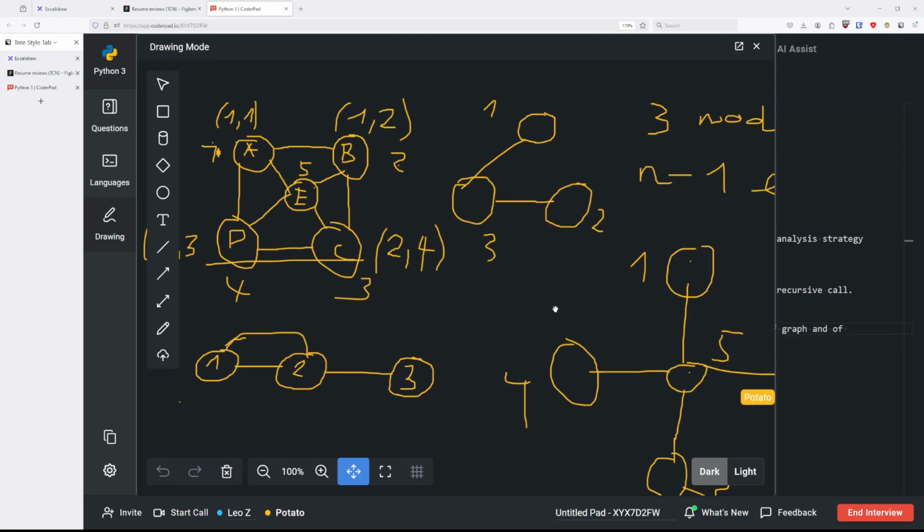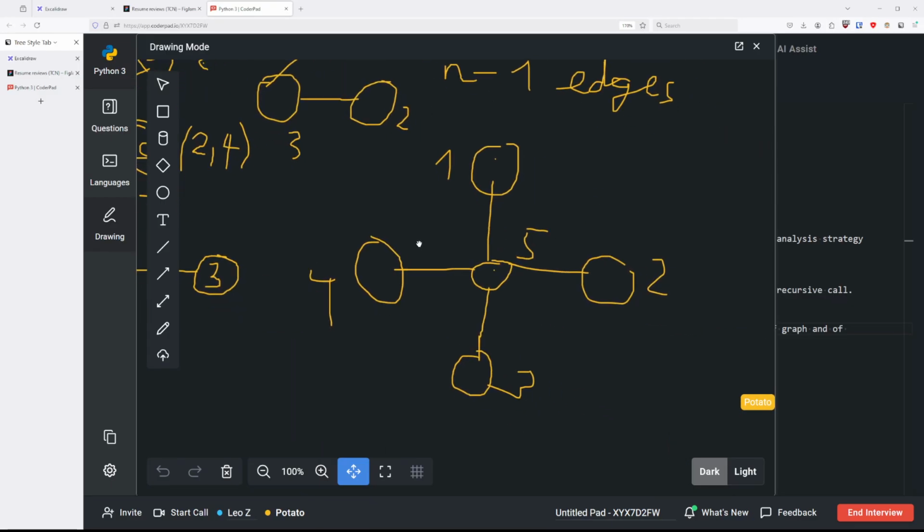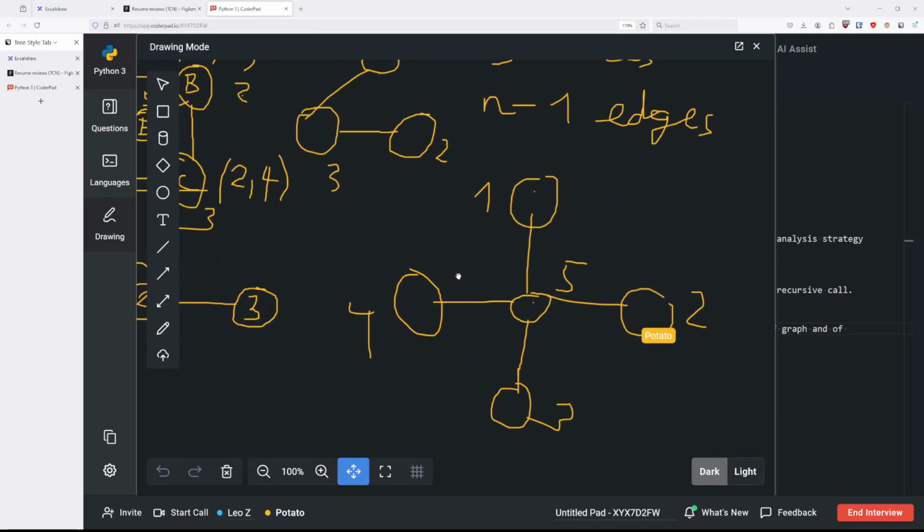If we start from node two, there are no connections from node two to node one and node two to node three. Only the connection from node two to node five, which is the center. The depth of the recursion call stack, it would be the number of edges, right?